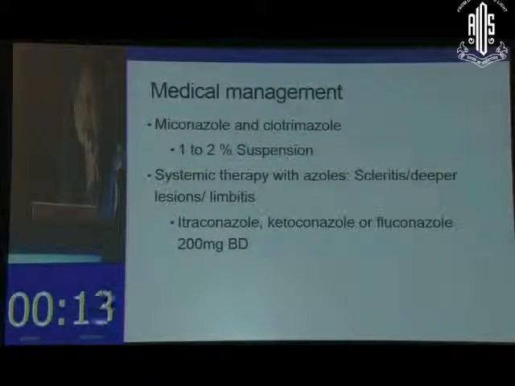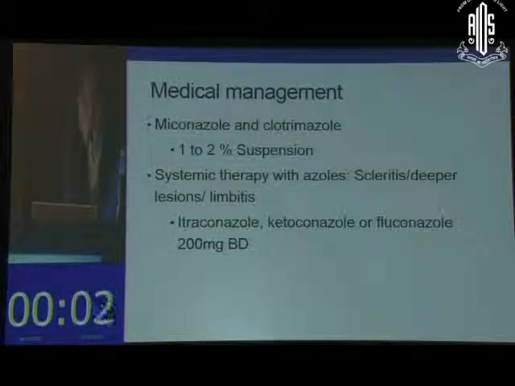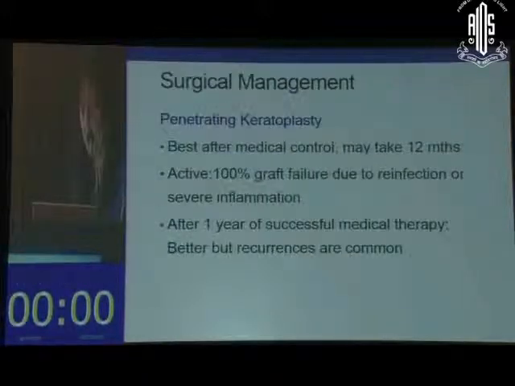Other agents have also been used, such as miconazole and clotrimazole 1 to 2%, and systemic therapy is advocated when there's scleritis, deeper lesions, or limbitis, with itraconazole, ketoconazole, or fluconazole 200 milligrams BD.